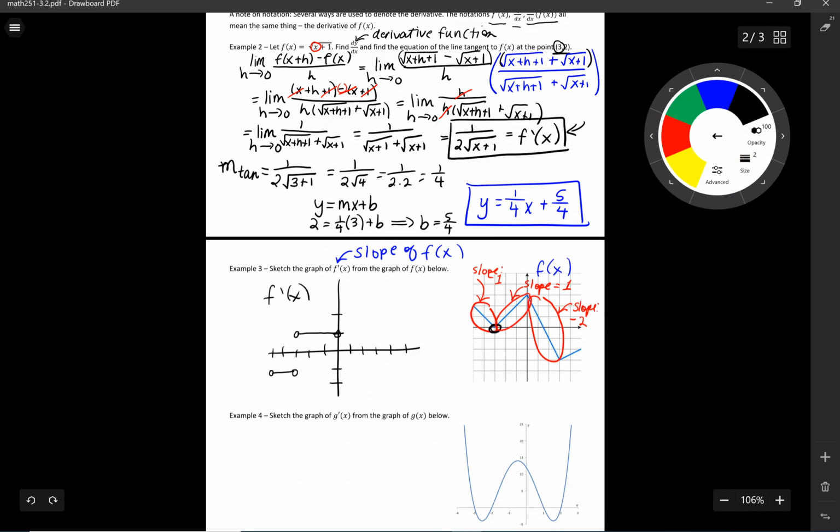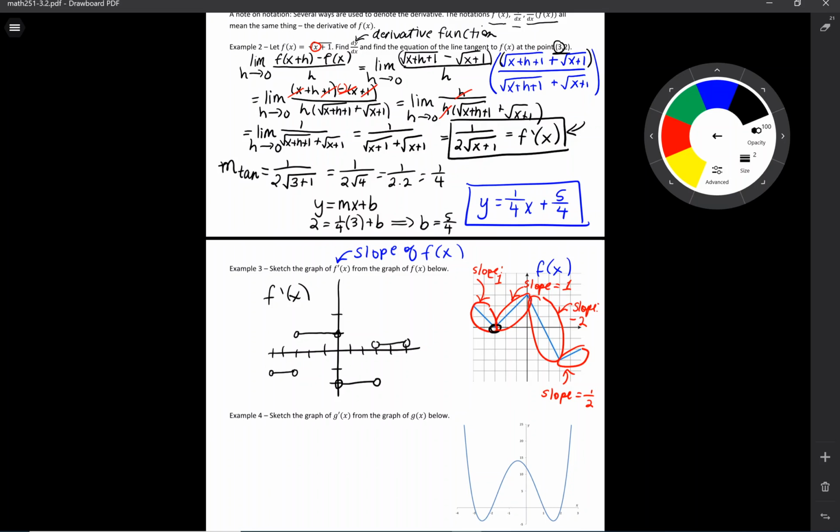So I have a y value of -2 from 0 to 3. And then finally, on this last piece, my slope is 1/2. So maybe somewhere like this. Again, I'm going to talk in a minute about why we use open circles at the endpoints.